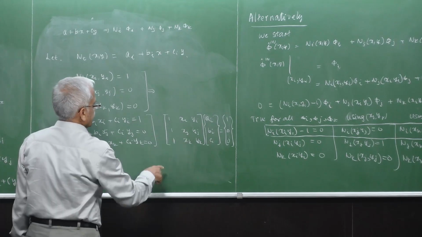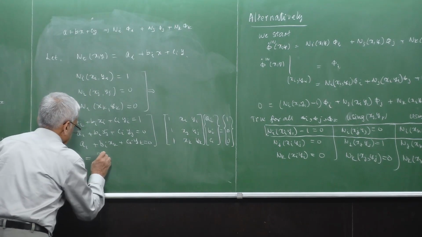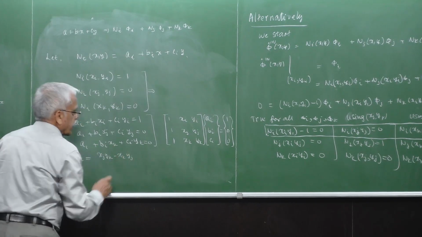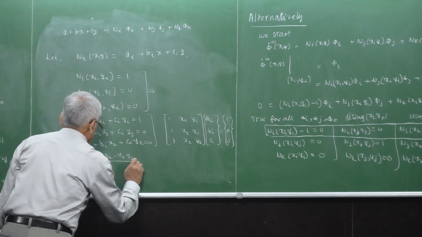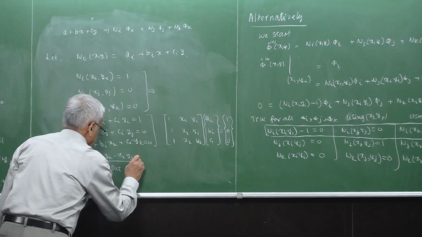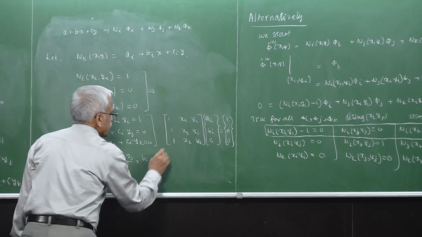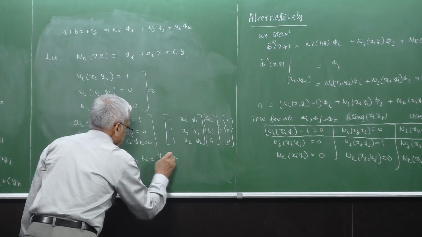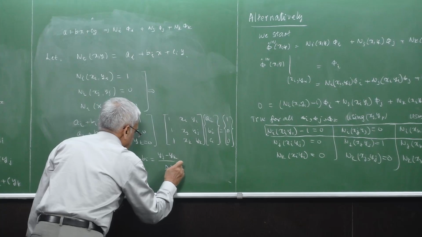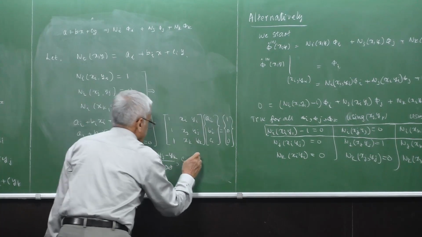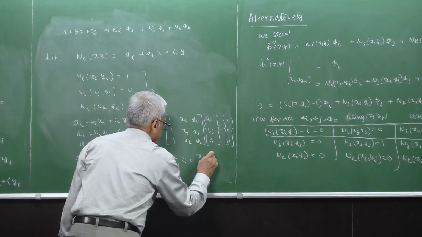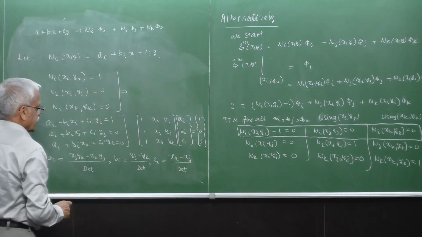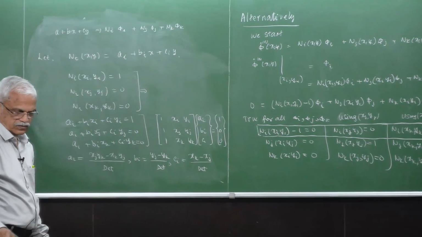If you put it here, it is very easy: ai is xj yk minus xk yj divided by the determinant, and bi, where you put 1 0 0, is yj minus yk divided by the determinant, and similarly here we have xk minus xj, where the determinant is the determinant of this matrix.